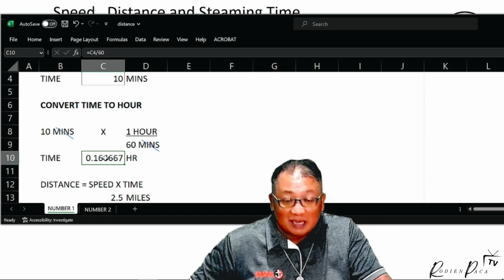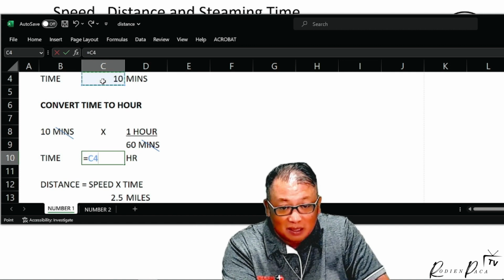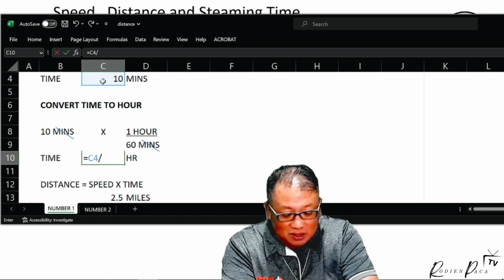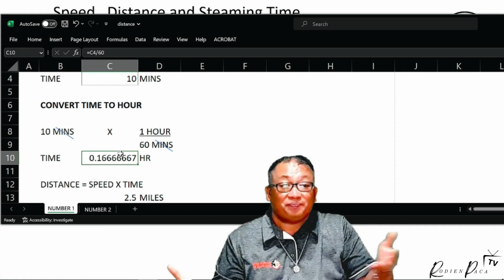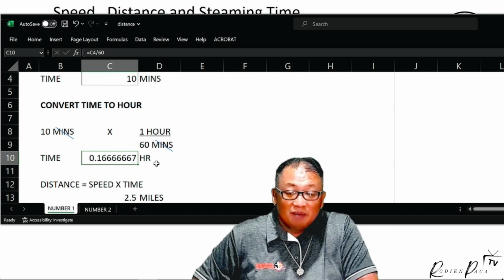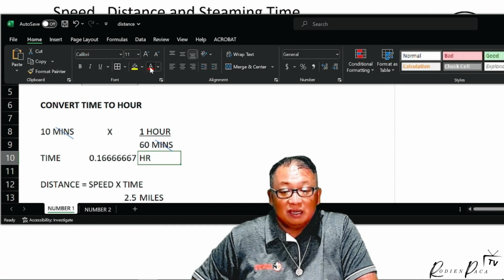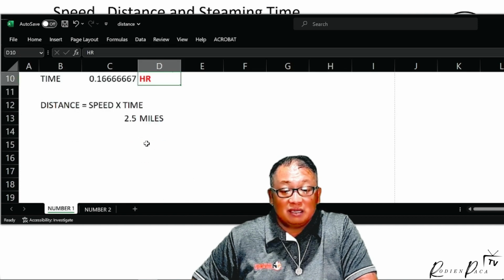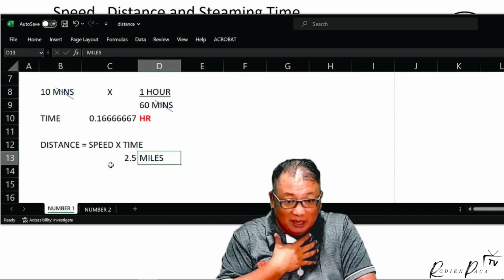So, it's very easy. Equals 10 over 60 using the Excel. The Excel is giving you a long number, but it is hour already. See, it's very good. Now you can solve the distance. Why? Because distance is speed times time.